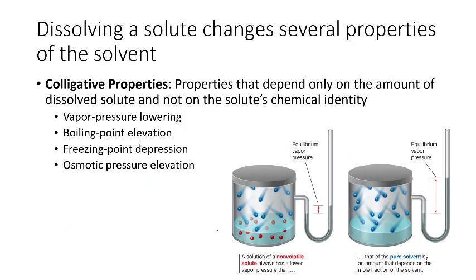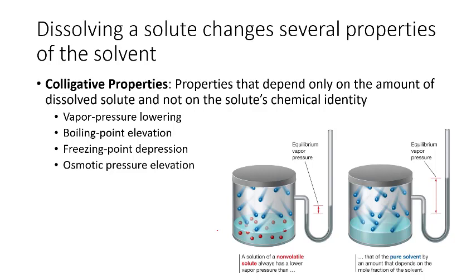Okay, so now that we've introduced aqueous solutions and solutes and solvents and units for measurement for those aqueous solutions, now let's get to the concept of colligative properties. So it can be observed that dissolving a solute changes several properties of a solvent. And so this is a generalized term called colligative properties.